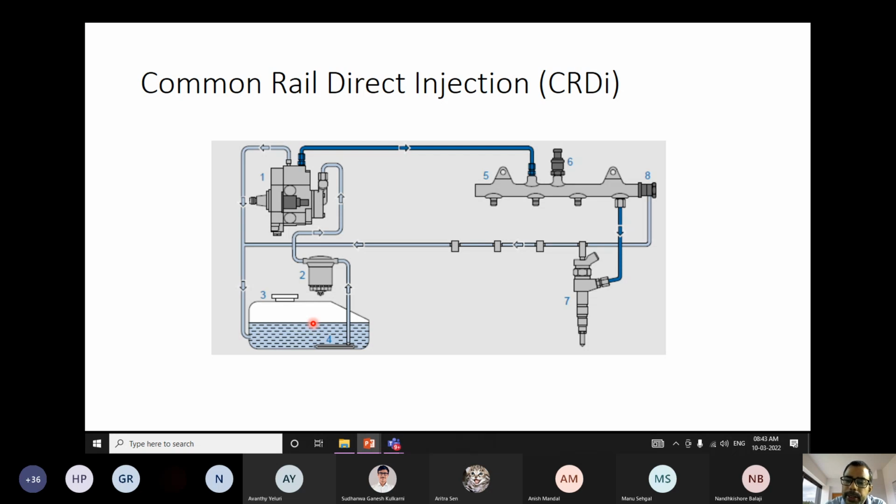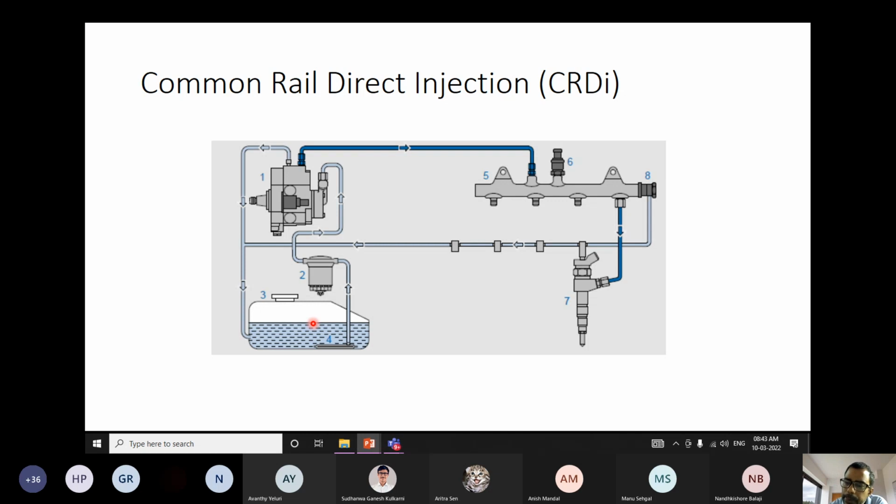We can optimize it, from 200 bar up to the maximum pressure your CRDI system is capable of. Nowadays almost all CRDI systems have a maximum fuel injection pressure around 1500 bar or even more. So in general, we can say that fuel injection pressure can vary from 200 bar to 1500 bar or even more.